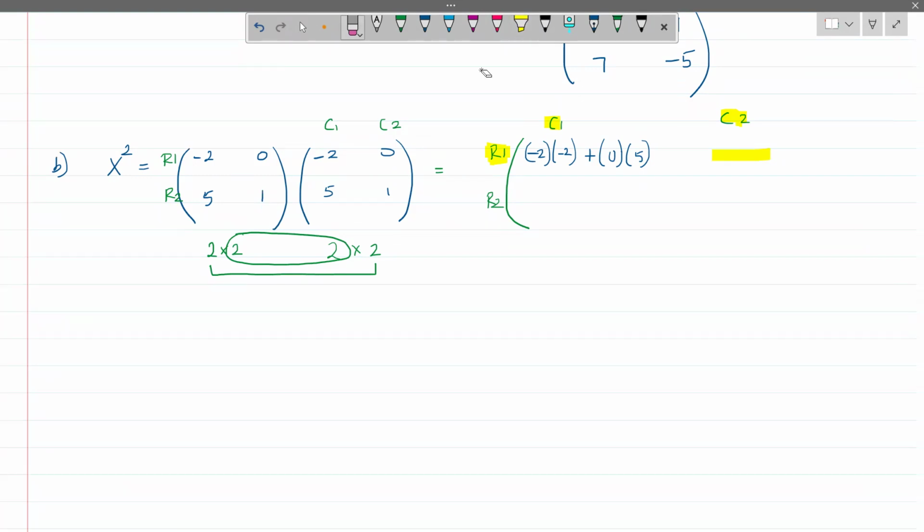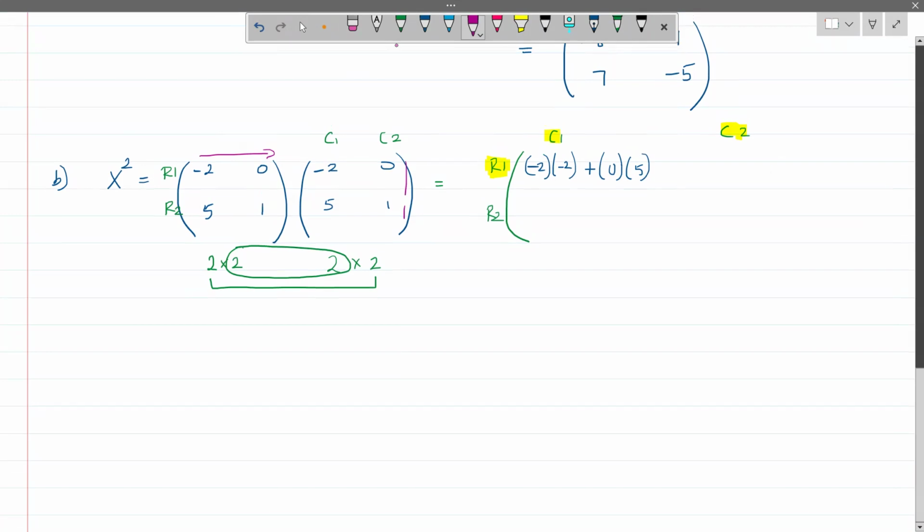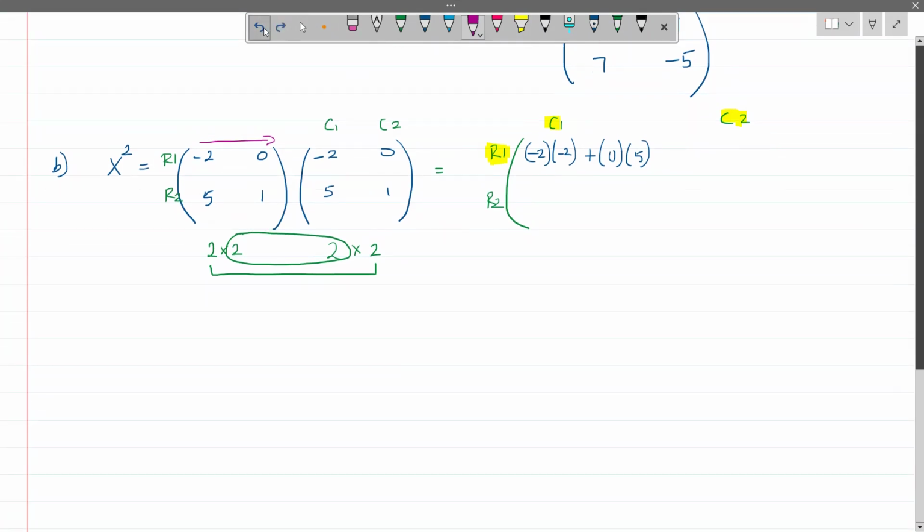So I'm doing row 1 by column 2 here. So that is going to be -2 by 0, right? Because we're looking at this column now.